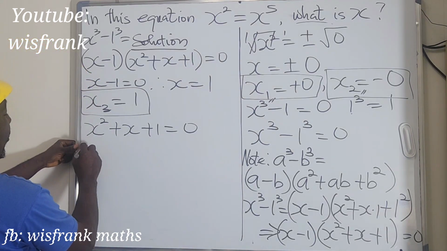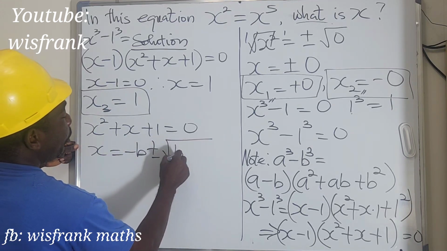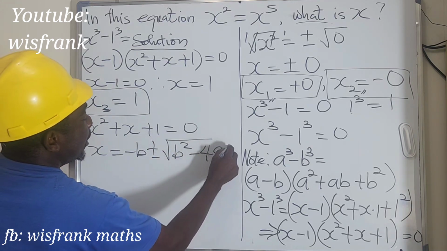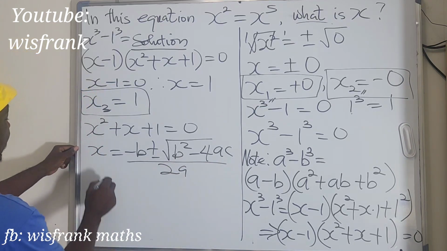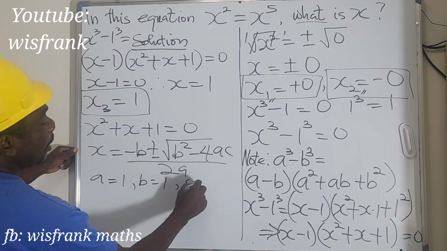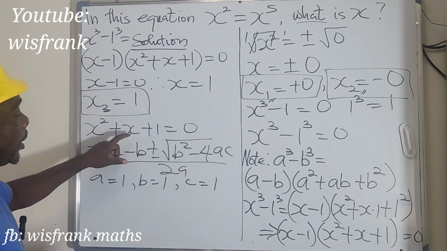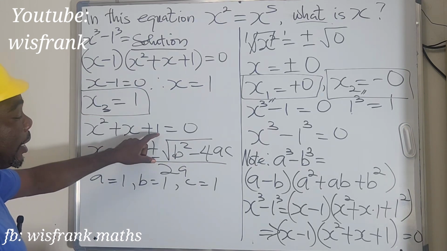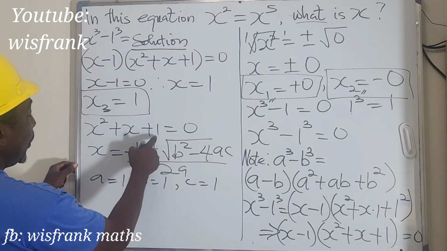So we have x equals minus b plus or minus square root of b squared minus 4ac all over 2a. In this case, we have a equals 1, b equals 1, c equals 1. The coefficient of x squared is 1. Here we have 1 and here the constant we have 1.